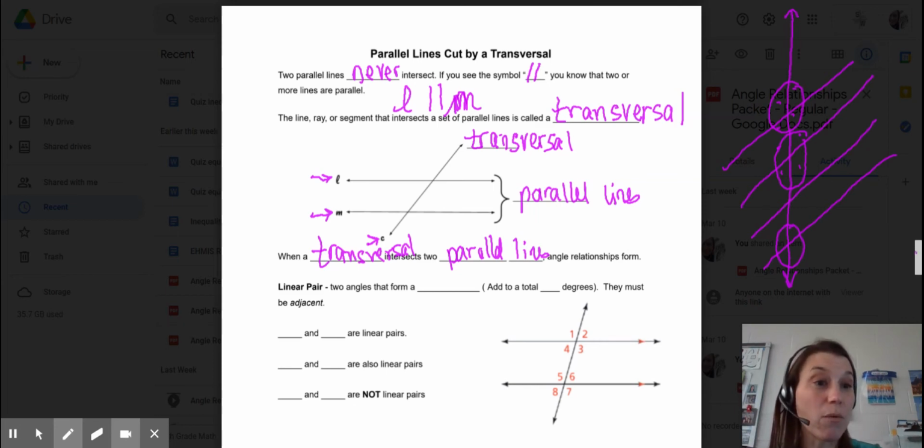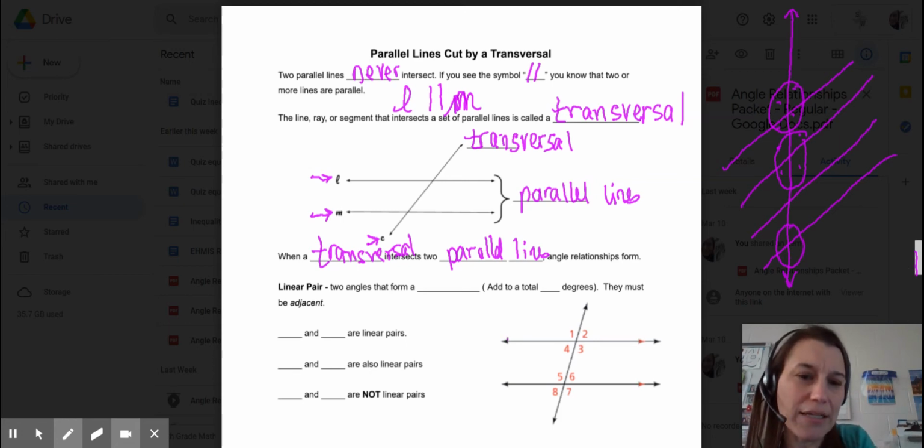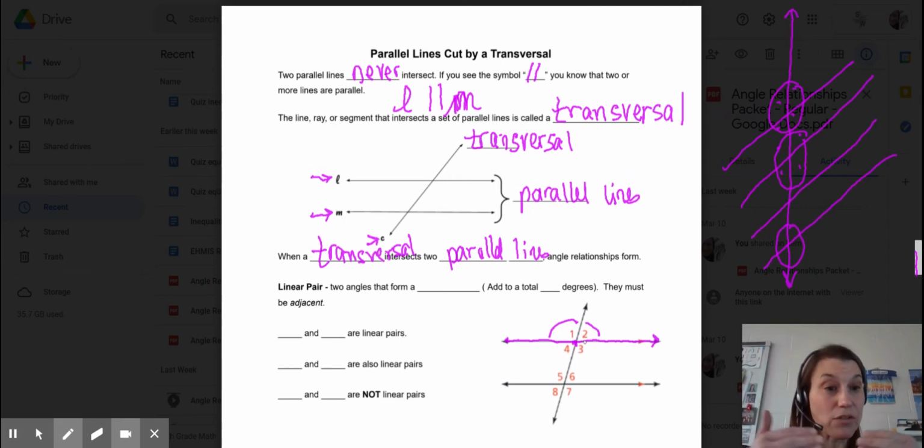Before we get into all the ones that are congruent, let's talk about something we've already been talking about, which is supplementary. Supplementary angles add up to 180 degrees. And so when I have this straight line here, that's a straight angle. That straight line could also be a straight angle with this point here being the vertex. So that means these two angles here, angle 1 and angle 2, these adjacent angles come together and make that straight angle.